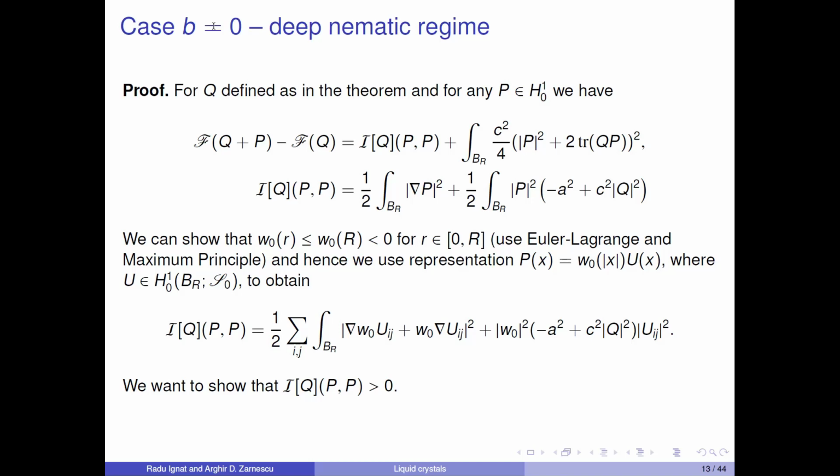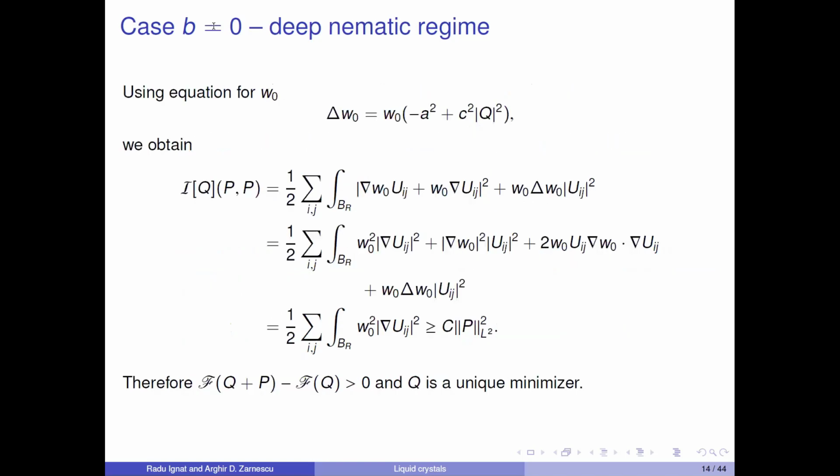So instead of P arbitrary, I use U arbitrary, but I also use this W0 that is hidden in this Q, and then I use the equation. That equation gives me a way of combining gradients of W that appear here with the W without derivative that appear here. So if you just plug in this substitution and you use this equation.